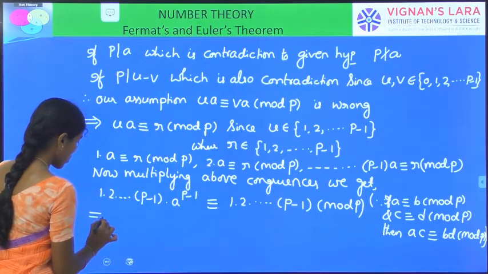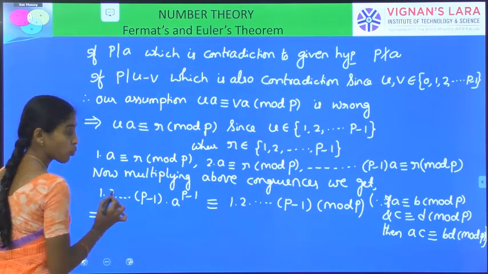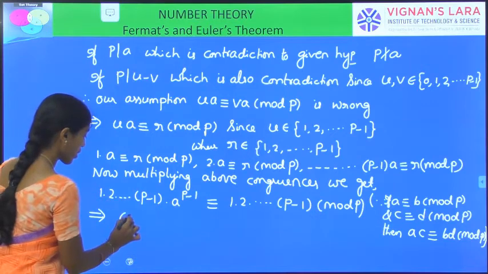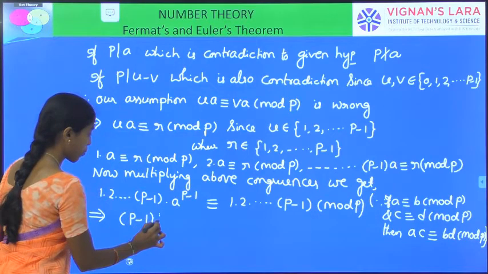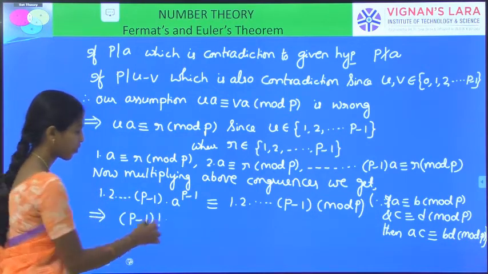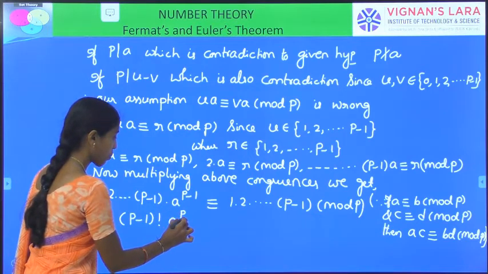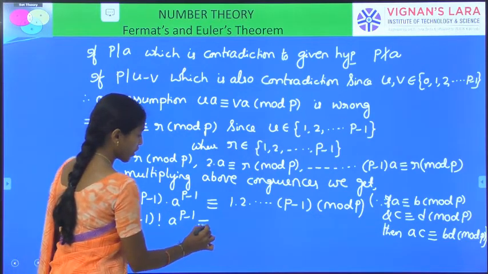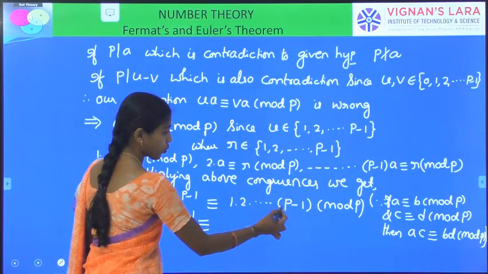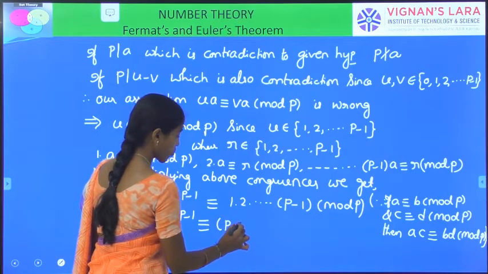So, implies the product 1, 2 and so on up to P minus 1 can be written as P minus 1 factorial into A to the power P minus 1 is congruent to 1 into 2 into so on up to P minus 1.